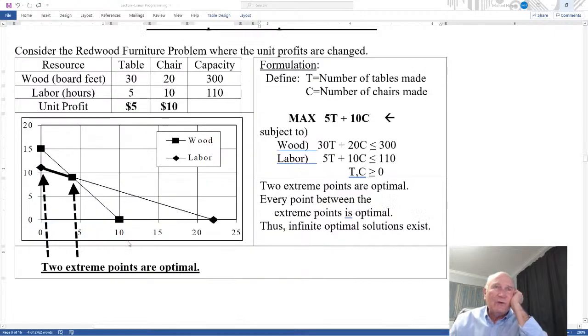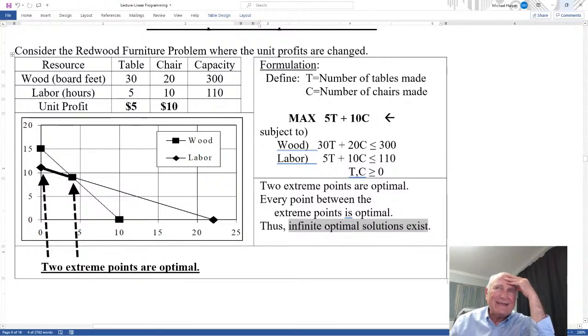So here we have two extreme points that are optimal. That extreme point and that extreme point. Each point between the two extreme points is also optimal. So theoretically, we have an infinite number of optimal solutions along that line segment.